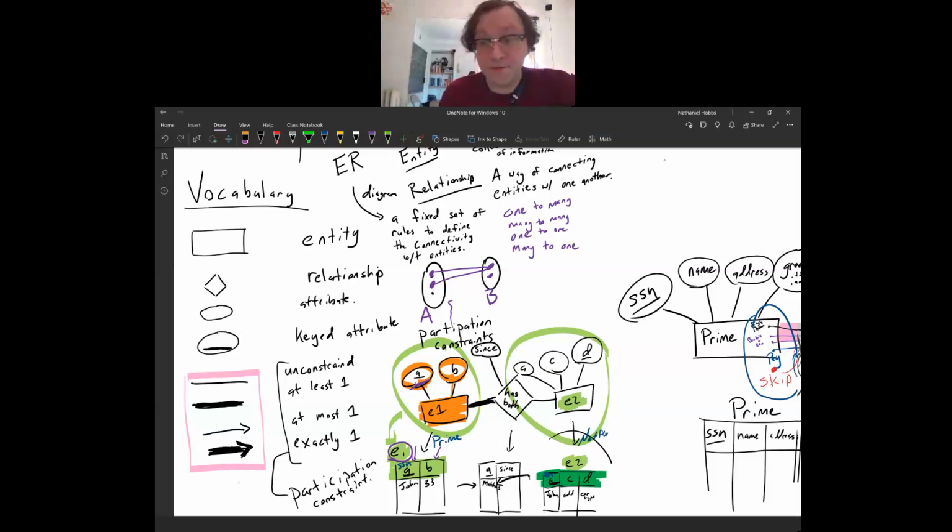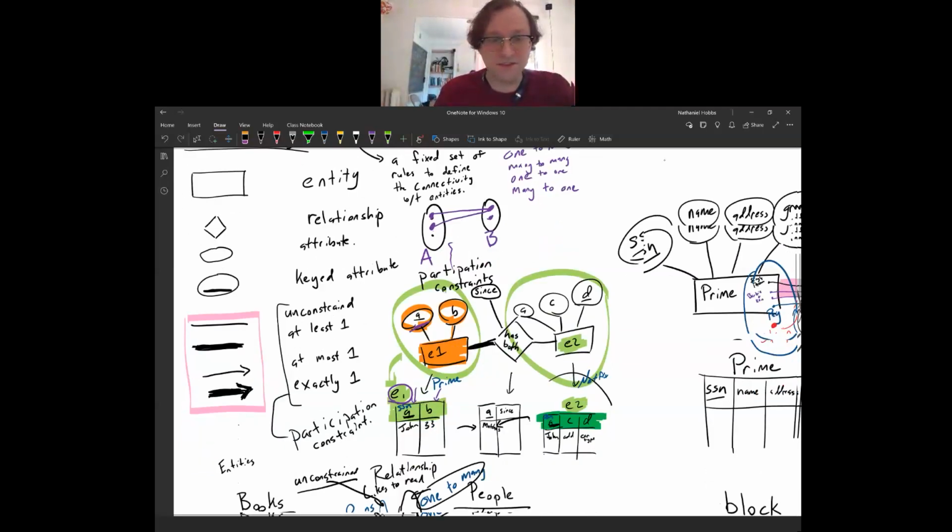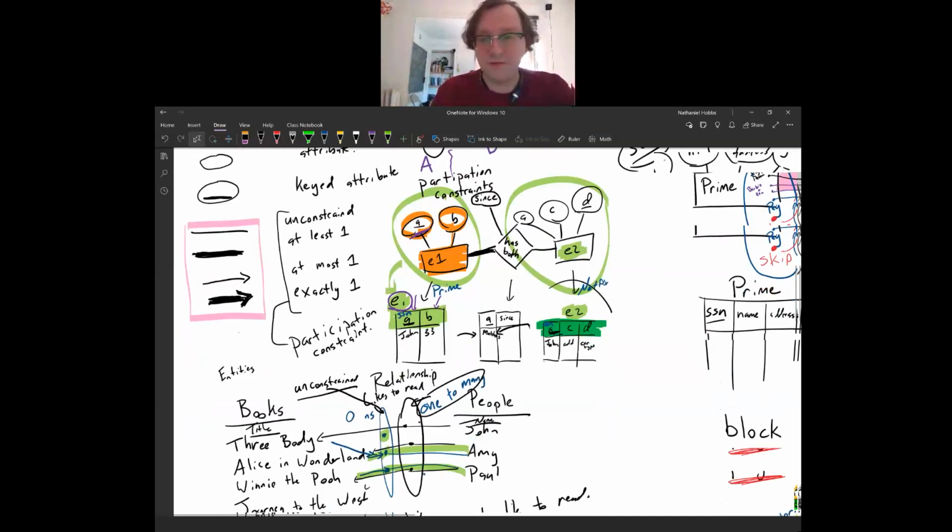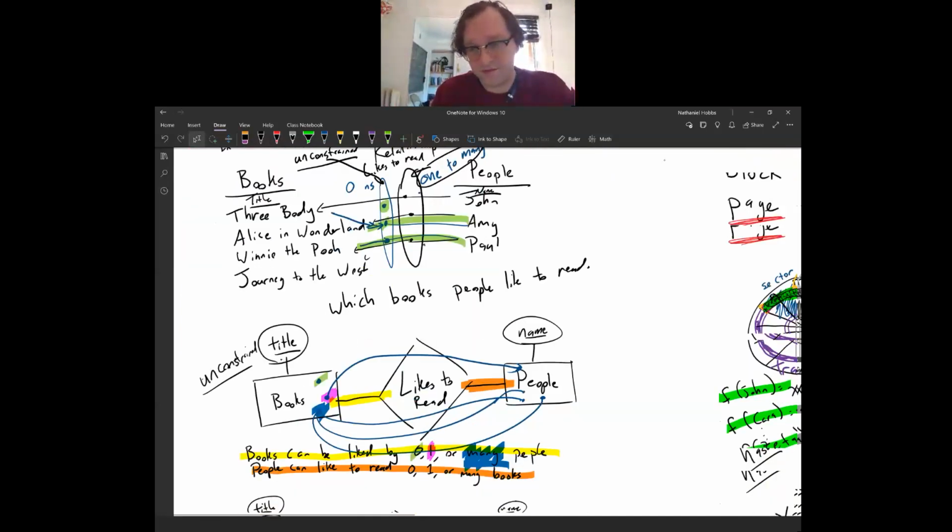There are too many combinations of participation constraints, and so I won't go through every one of them. There's 16 if you wanted to count them all, or maybe 8, and then say that the other ones are just symmetrical. But I'm not going to go through 8 of these.